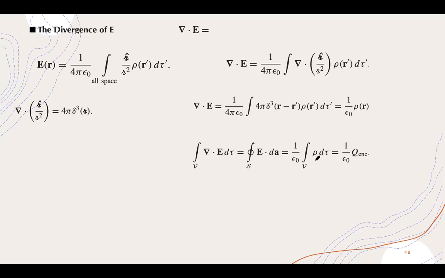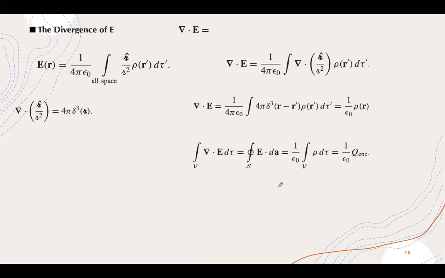You can now write it in the integral form, and rho can be written as again Q enclosed, because the integral of rho d tau is Q enclosed. So please work on these things by yourself, and if you have any problem, obviously you can ask.